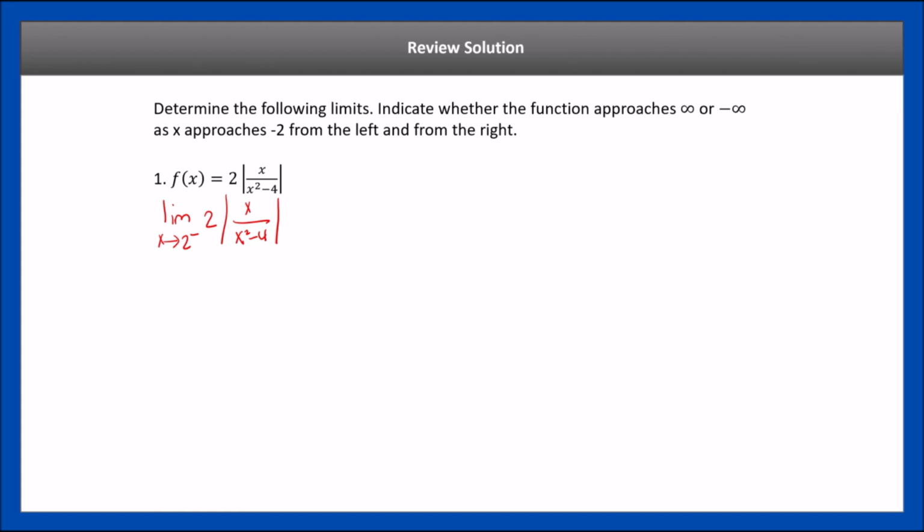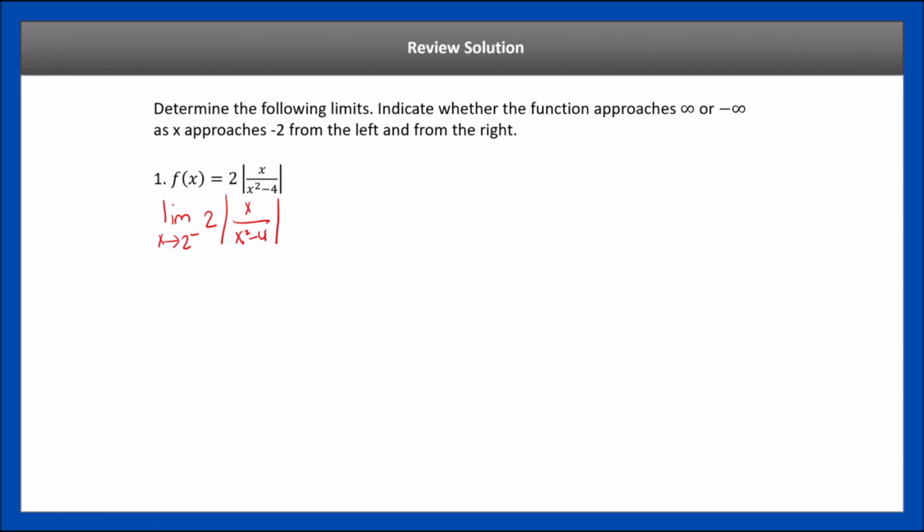Now, because we have the absolute value here, we're going to remind ourselves of what it means to have that as an absolute value. Well, actually, what we're going to do instead is just plug it in.